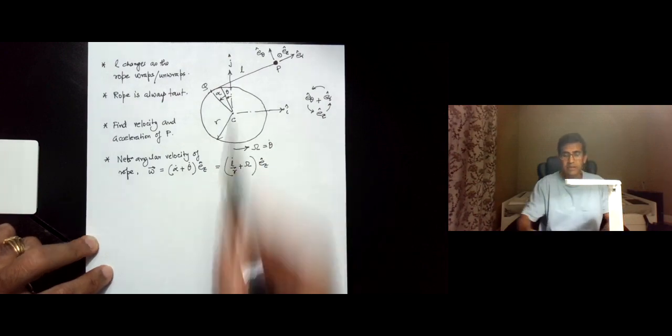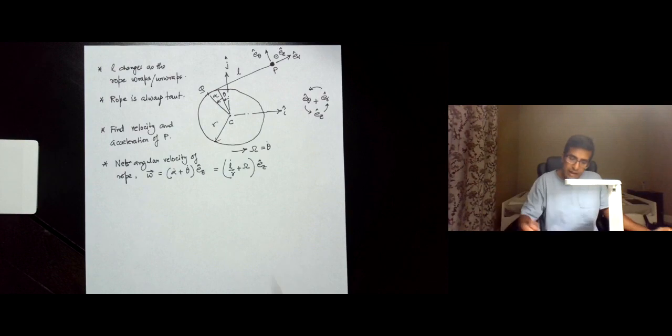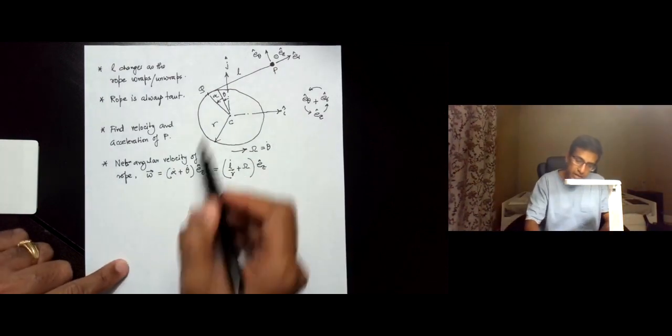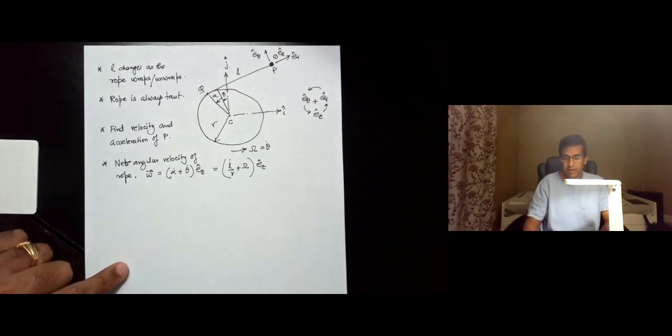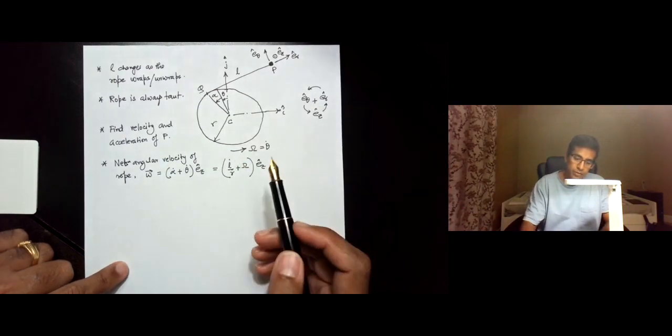So keep in mind that since L is changing due to the wrapping and unwrapping, there is an L dot, and it's that L dot and R that determines the rate at which this angle alpha is changing due to the wrapping and unwrapping. So the net angular velocity of the rope is due to the contribution of two things.